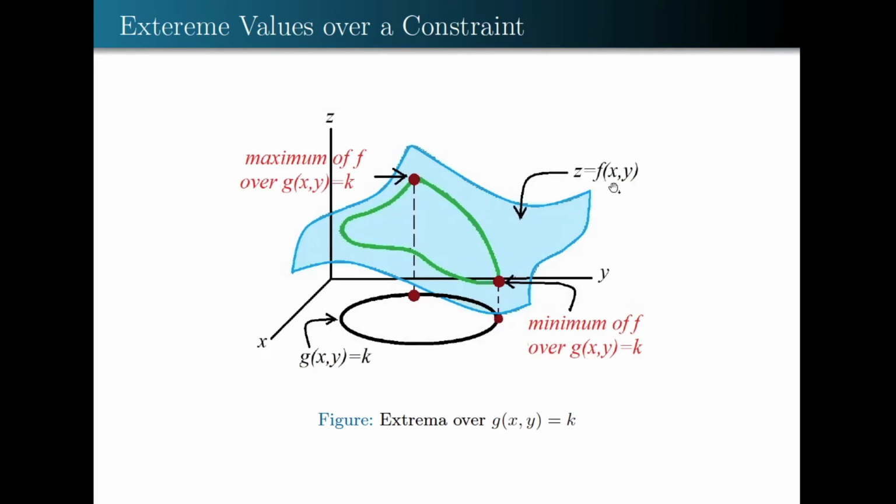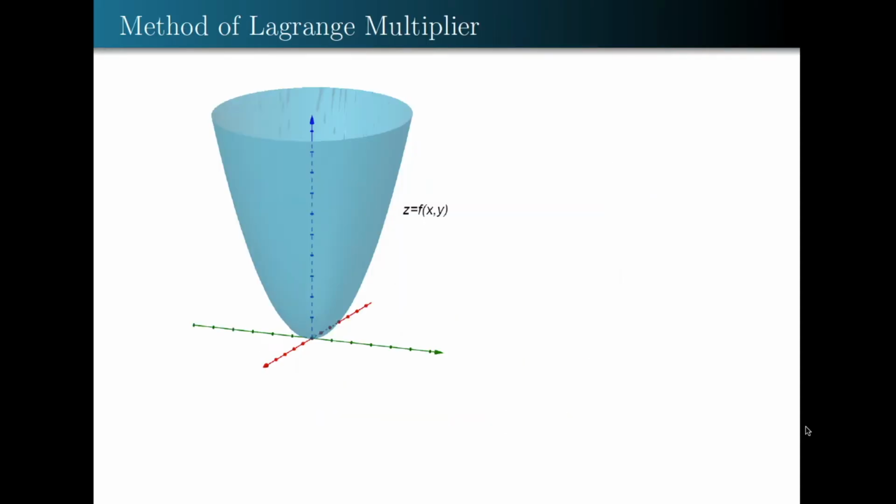The function z equals f of x, y that we want to maximize or minimize is called the objective function, and the function g of x, y equals k is the constraint. Now consider this objective function z equals f of x, y and the constraint g of x, y equals a constant k.